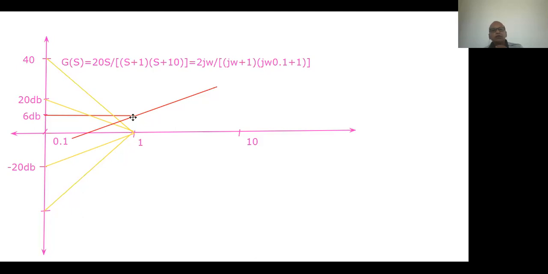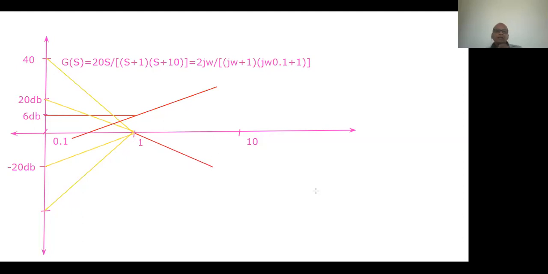These two asymptotes intersect at the first point. Then consider the corner frequency. What is the corner frequency of this factor? The corner frequency of this factor, j omega, is 1 upon 1 equal to 1, and at this frequency the slope is minus 20 dB per decade. Draw a line. This is minus 20 dB per decade.